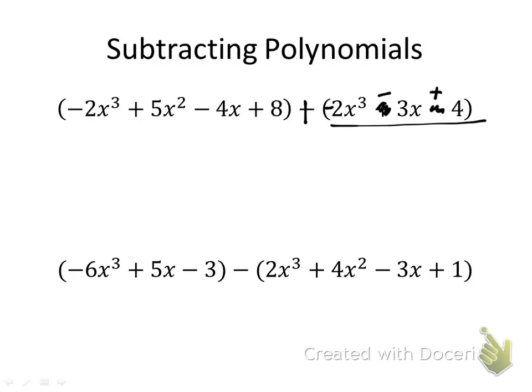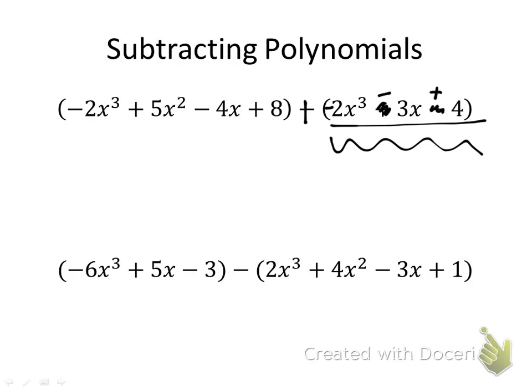This is going to change just to a simple addition problem, and I do exactly what I did in the last slide. Add the terms together. So, we're just going to line up our like terms, but everybody notice, we only change the signs of the last set of parentheses, not the beginning, only the end, okay?